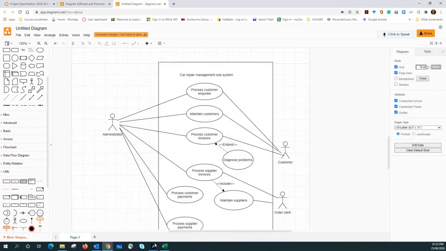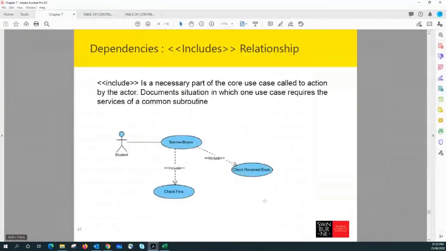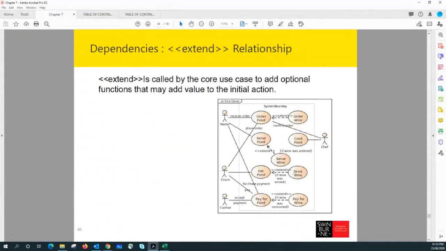Right, so this is extend, right? Yes, like this.